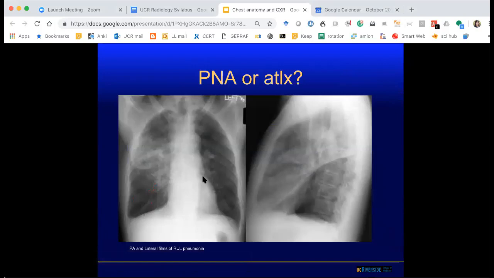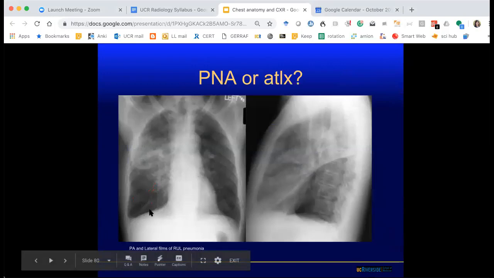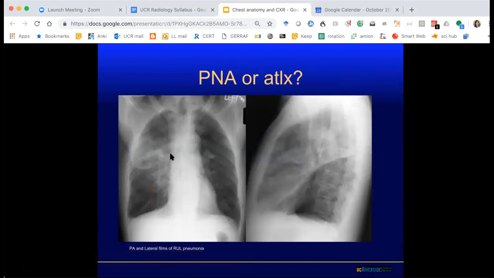It's hard to see. But this is pneumonia, and it's pneumonia because of the distribution. So you have this interstitial pattern, and it's not along a segment. We maybe have a little bit of volume loss, but not significant. Certainly not enough to explain this infiltrative process.